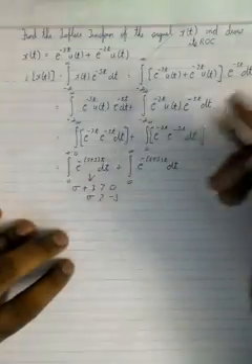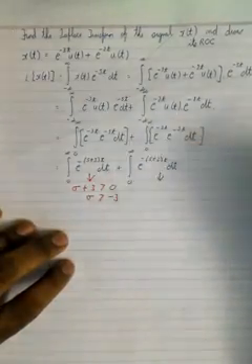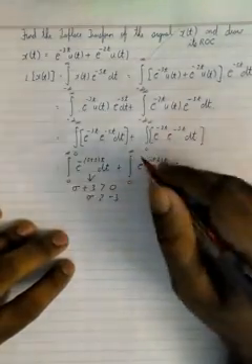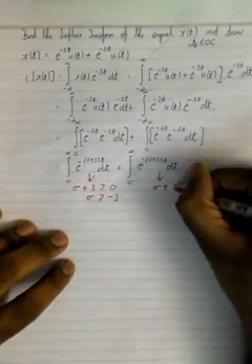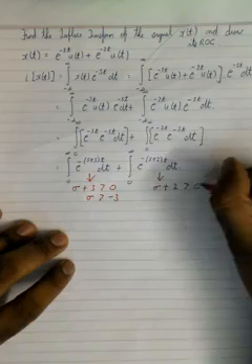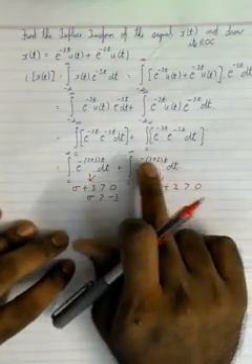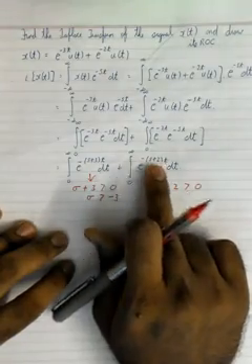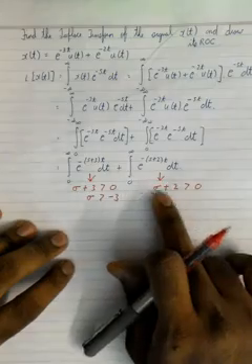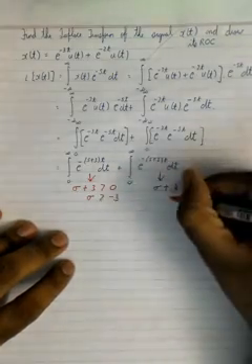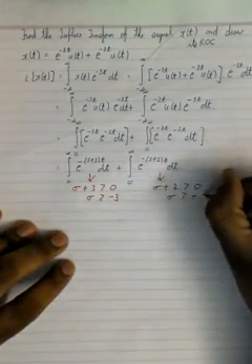Okay, and the ROC of the second term is sigma plus 2 is greater than 0. Here also the power must be positive, since there's already a minus sign over here. So sigma plus 2 must be greater than 0, or in other words, sigma must be greater than minus 2.